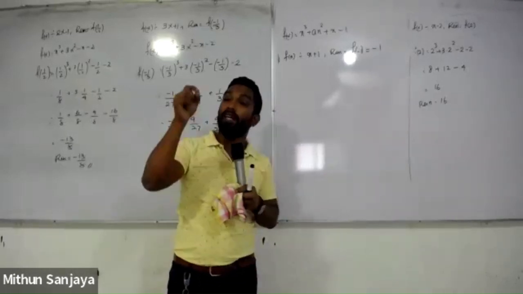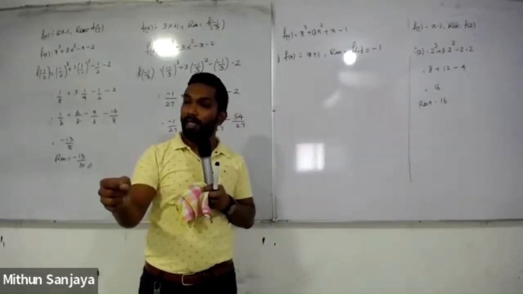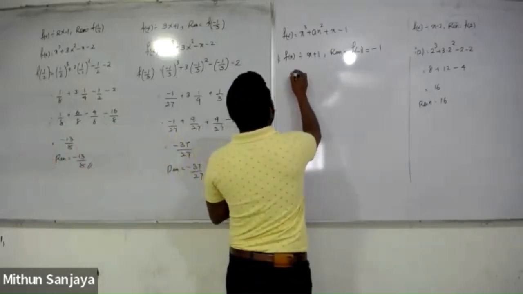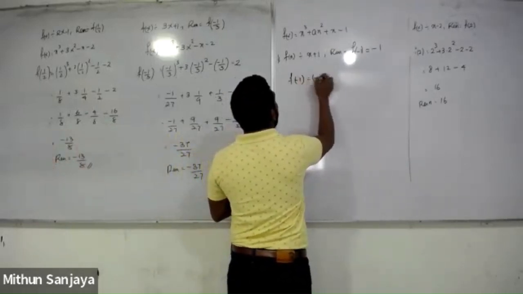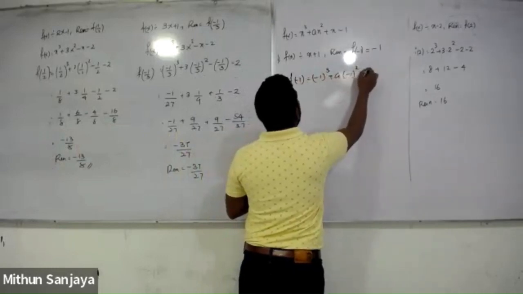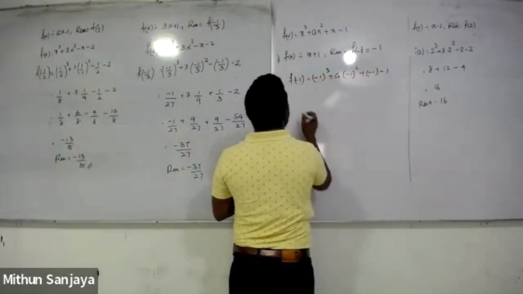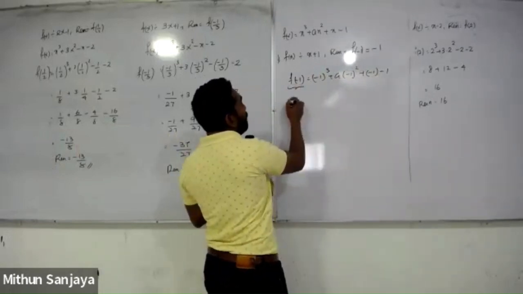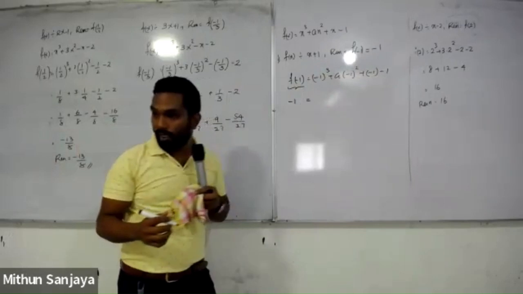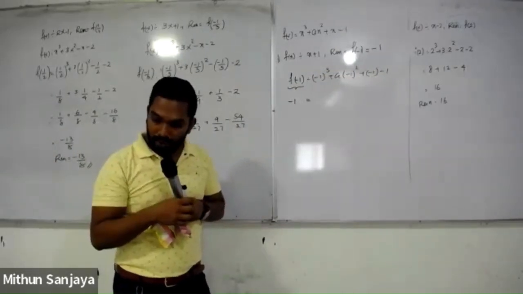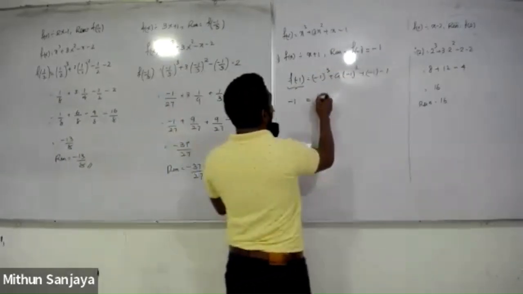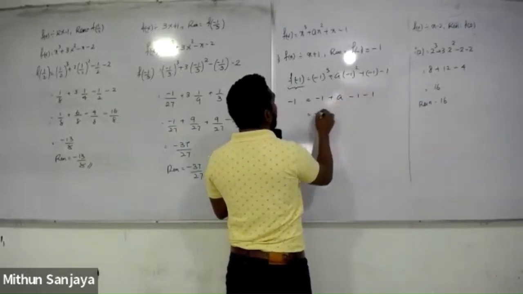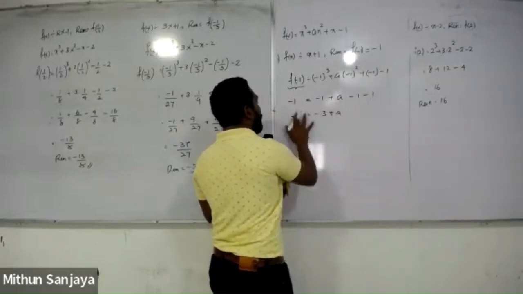Now we have f(-1), we can substitute minus 1: minus 1 cubed plus a times minus 1 squared, minus 1, which equals minus 1. Then minus 1 plus a minus 1 minus 1, so minus 3 plus a equals minus 1.